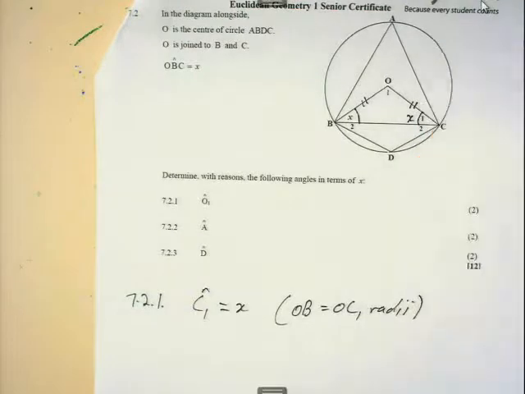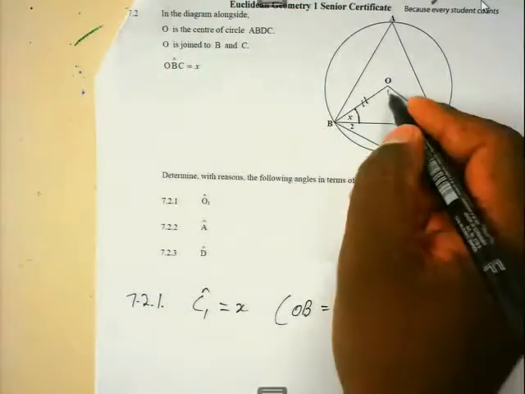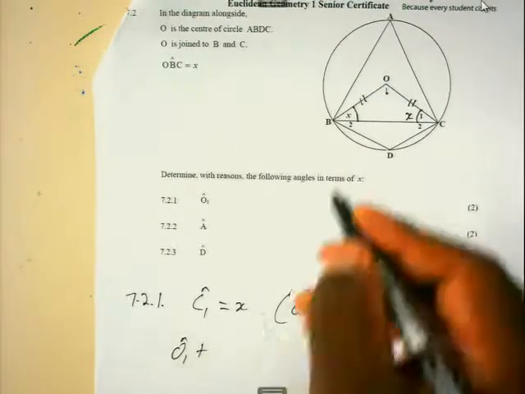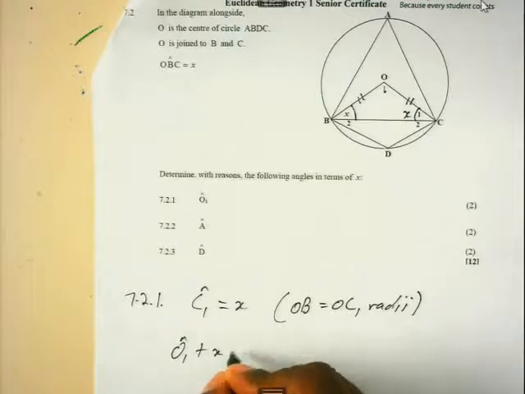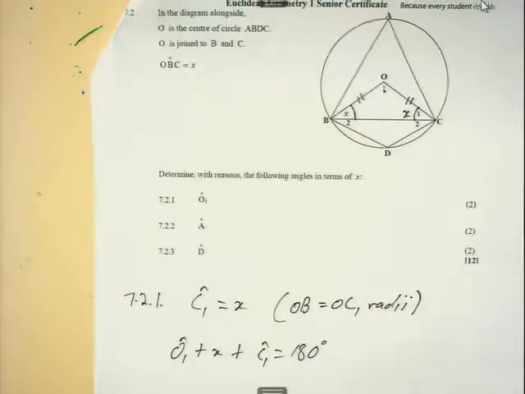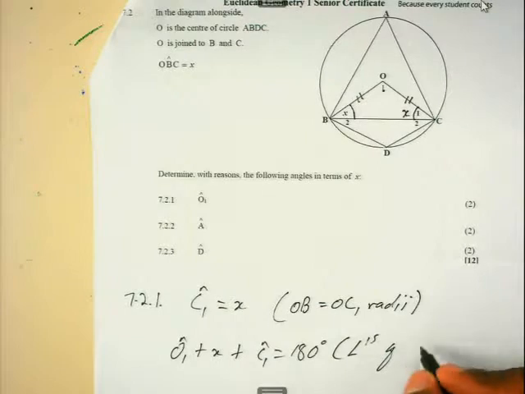So it becomes easy for us to determine O1 in terms of x, because this angle O1 plus x plus C1 all give us 180 degrees. Those are the interior angles of a triangle, and they add up to 180 degrees.